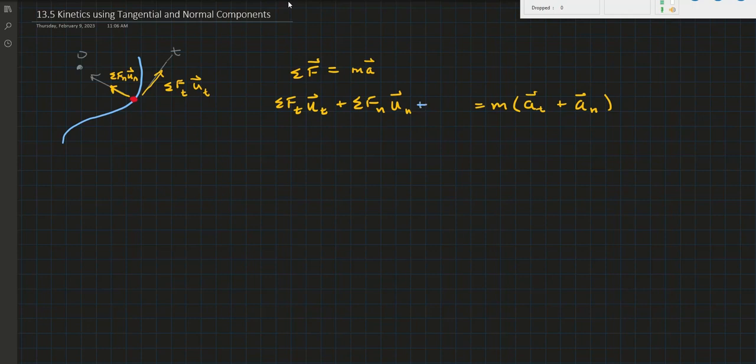If this was a horizontal track, we could then call these summations of forces in the B, u sub B, where u sub B is coming out of the plane, like so.